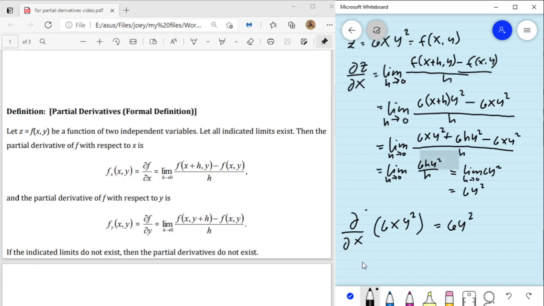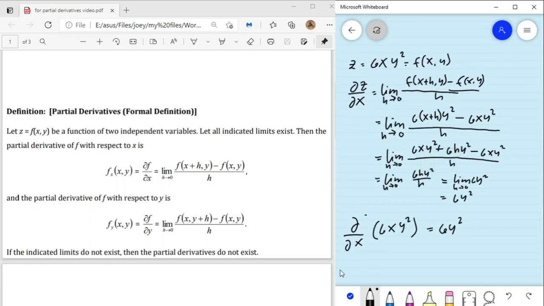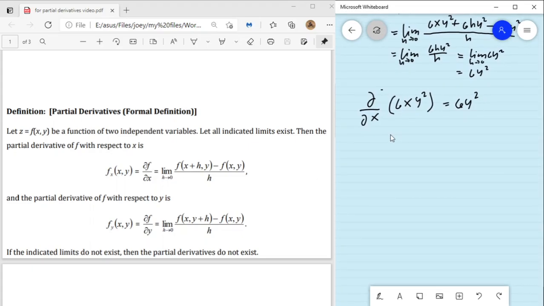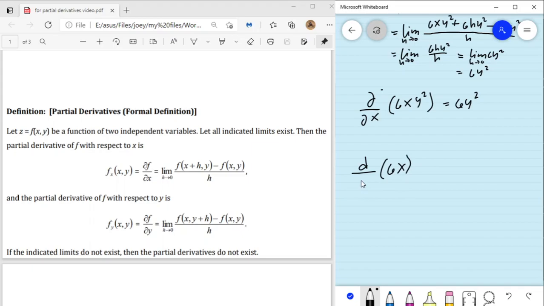Okay. Now, recall that suppose we have to find the derivative of, let's just say, 6x with respect to x.